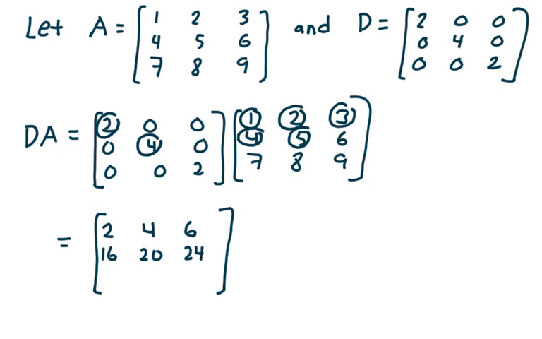I get 24. That's row 2. To get row 3, I'm going to take 2 times 7, 14. 2 times 8, 16. 2 times 9, 18. And we just found DA.